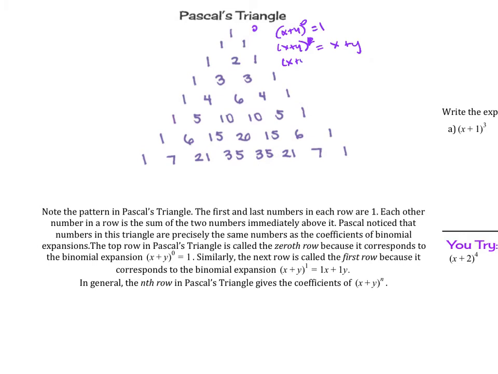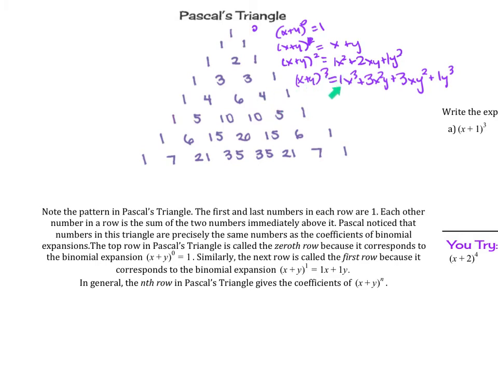When we go to the next row, it's x plus y squared, and we notice that's 1x squared plus 2xy plus 1y squared, and then it continues on. So the next row is x plus y cubed. Now we use these coefficients here, and it would be 1x cubed plus 3x squared y plus 3xy squared plus 1y cubed. And so the pattern continues on like that.